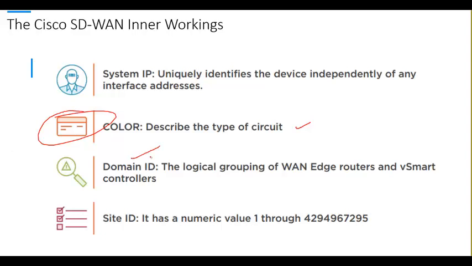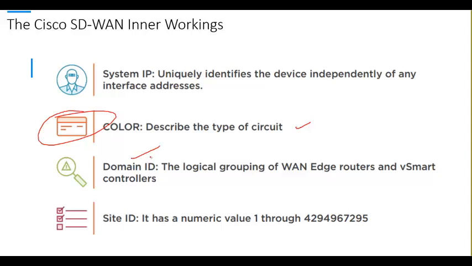Okay. Next is the domain ID. It is a logical grouping of WAN edge routers and the vSmart controller. What does it mean? See, there may be many SD-WAN fabrics. How do you know I am talking to the fabric to which I belong?